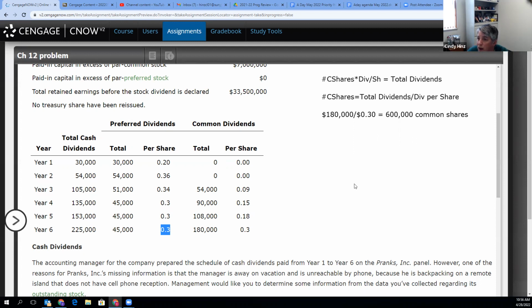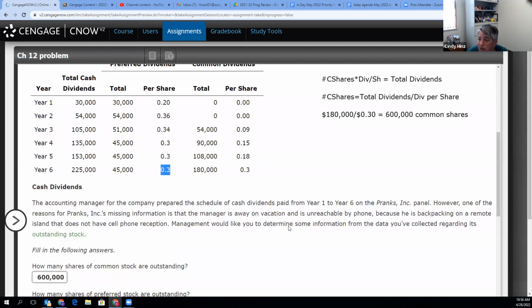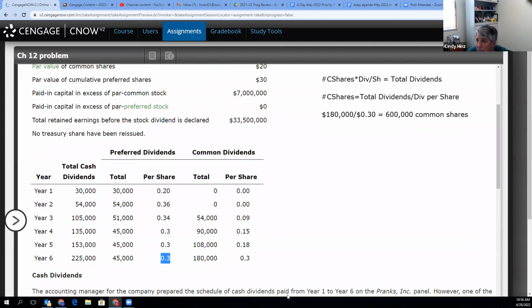So to figure out how many preferred shares they have outstanding, I might annotate here so I can put it on the screen. I'm going to use that same formula, except substitute preferred shares for common shares. So I'm going to use that total dividends, and I'm going to use one of the years that the full dividend was paid and no dividends in arrears.